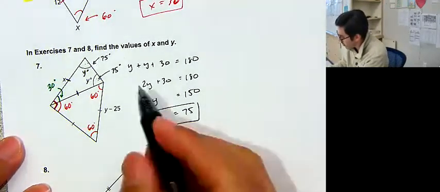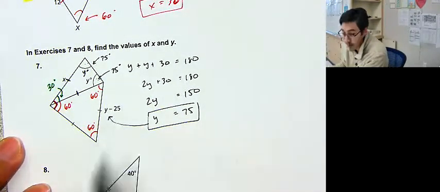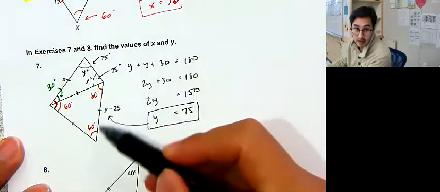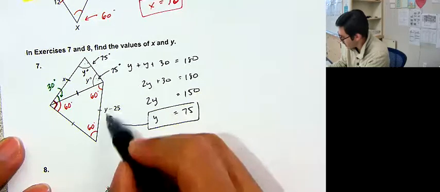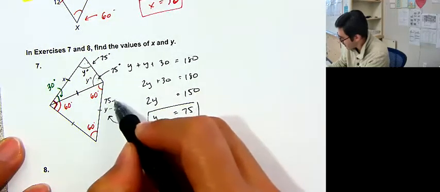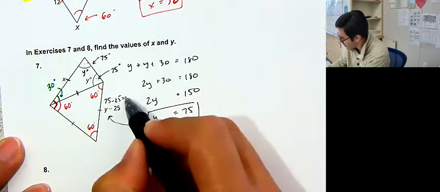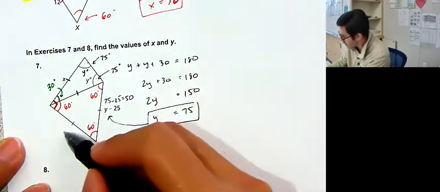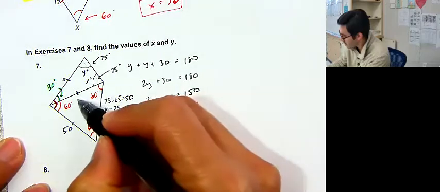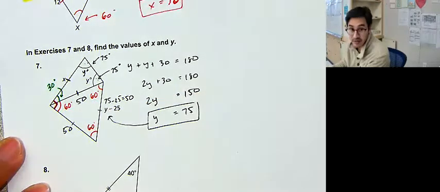Now, look, we have the value of y. Let's go ahead and substitute it right here to figure out how long this side is. So if we do 75 minus 25, that's 50. So this side is 50 units long. That side is 50 units long. That side is 50 units long.